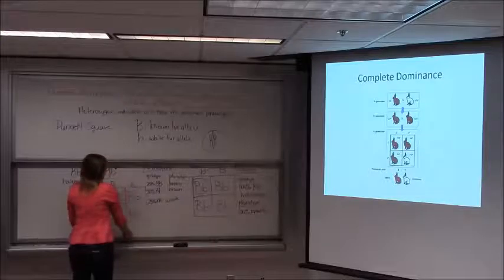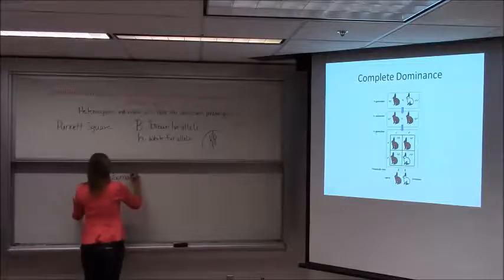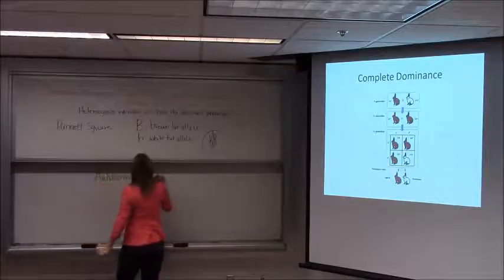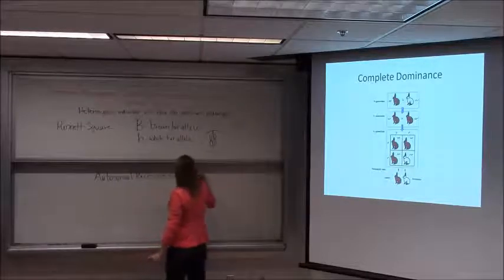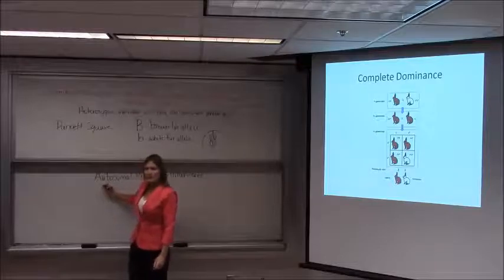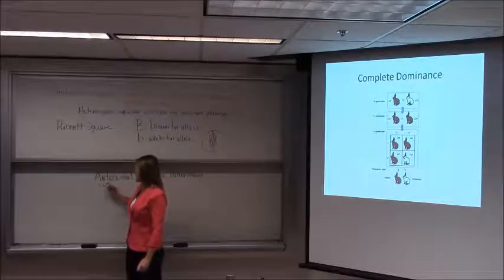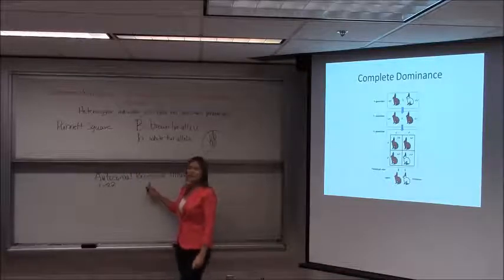So when we're talking about a disorder that is called autosomal recessive inheritance, autosomal is telling you it's inherited on chromosomes 1 through 22, not sex chromosomes. Recessive means it's carried on the recessive allele.